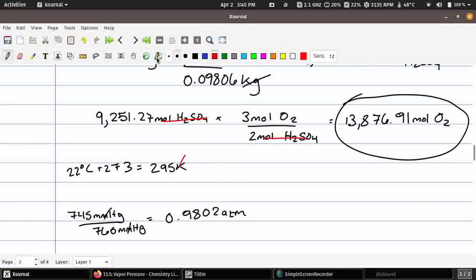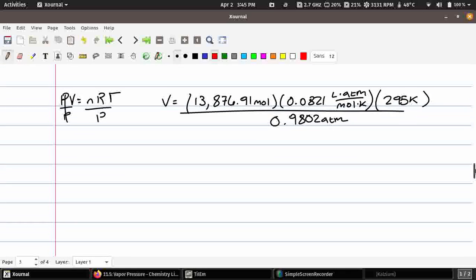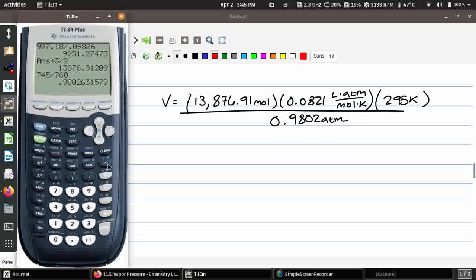Alright, so temperature, pressure, and then we have everything we need. So let's plug this into the calculator. So we have 13,876.91 moles times 0.0821 times 295 kelvins divided by 0.9802 atmospheres.